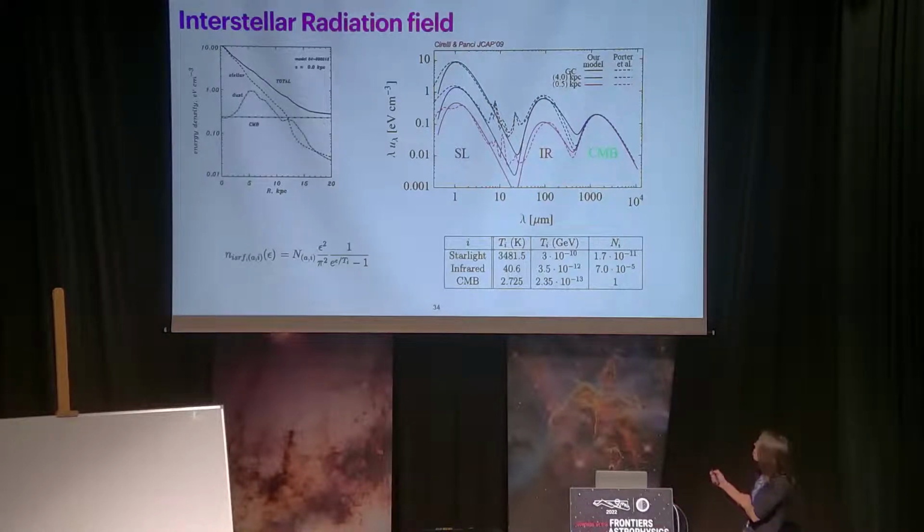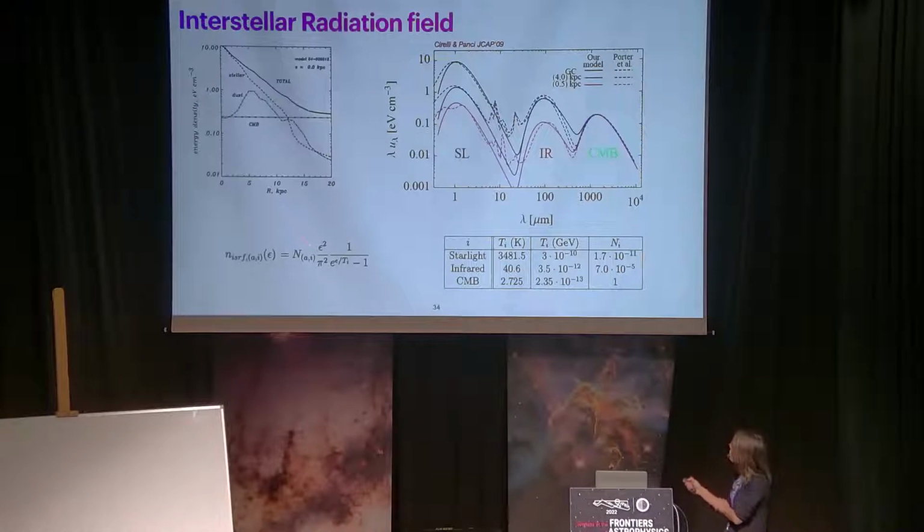Then you have a second peak at 100 micrometers, from the optical photons that are absorbed by the dust and then re-emitted in the infrared. And then finally you have this guaranteed emission of low energy ambient photons from the cosmic microwave background.